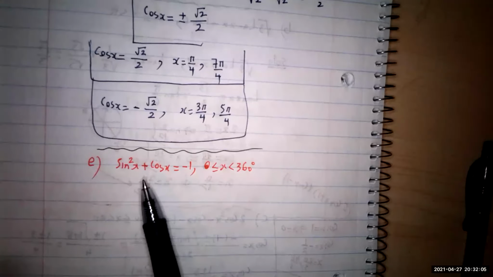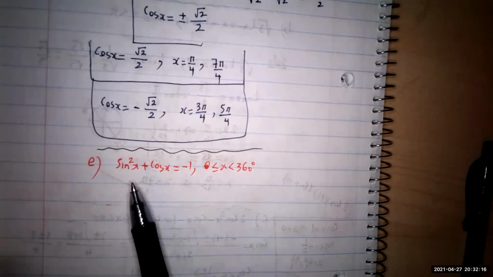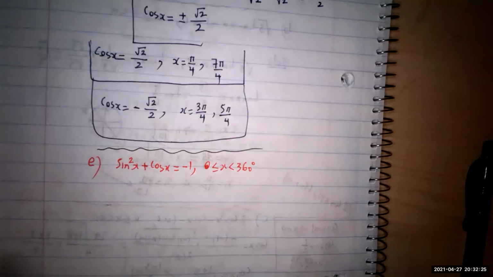You know that we can go with only cosine or only sine. So this is sine square, so what we're going to do is change the sine square into cosine. Pythagorean identity, remember, sine square is equal to 1 minus cosine square. So this is the one that we have to change.